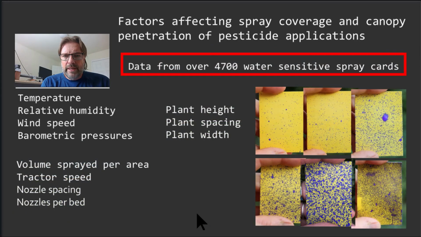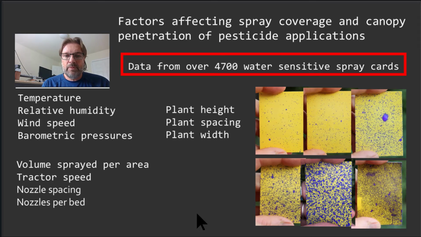In total, we collected data from over 4,700 water sensitive spray cards. So for each of those time points that those cards were sprayed, we had weather data. We knew the volume of water that was sprayed with that nozzle. We knew the tractor speed.